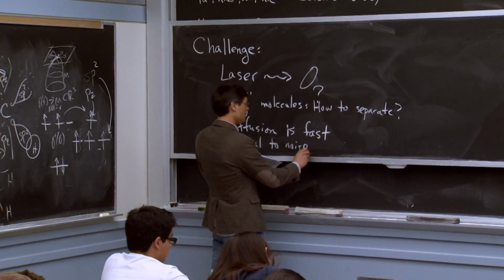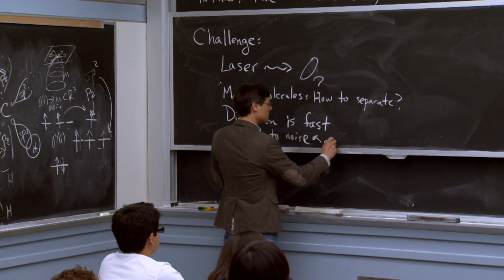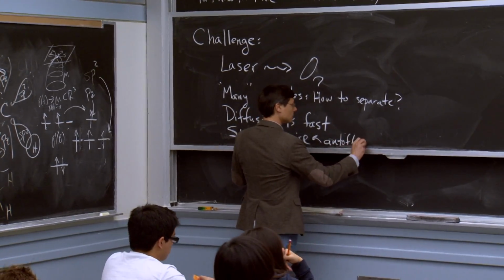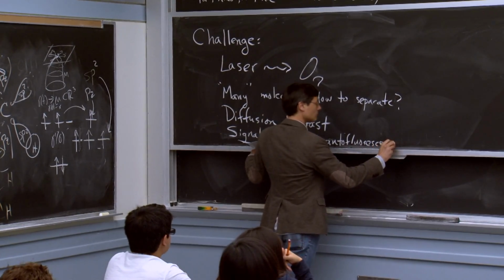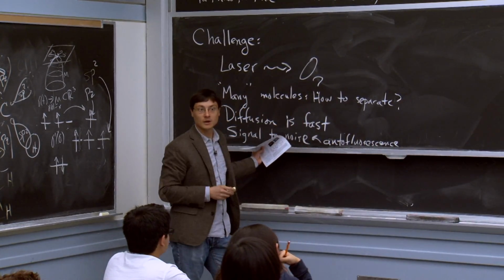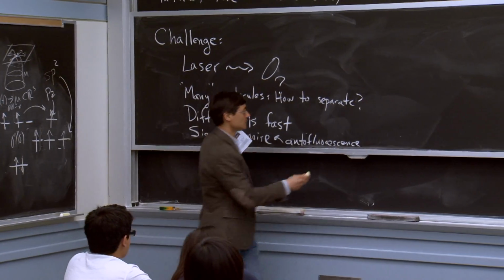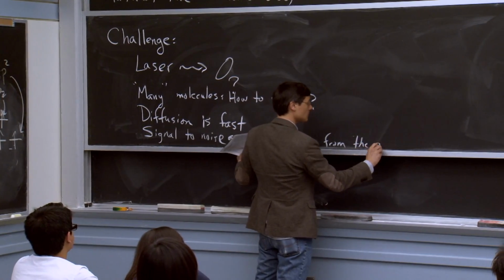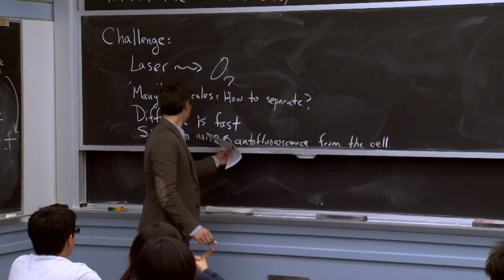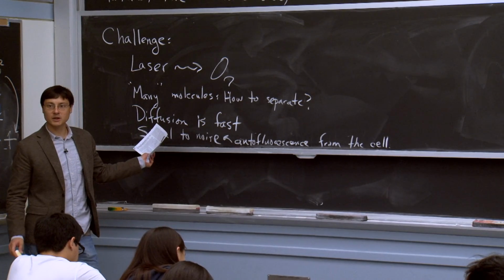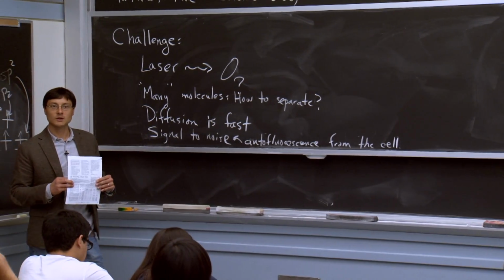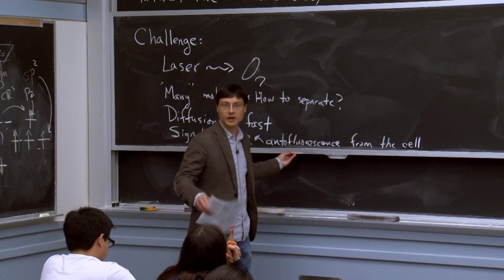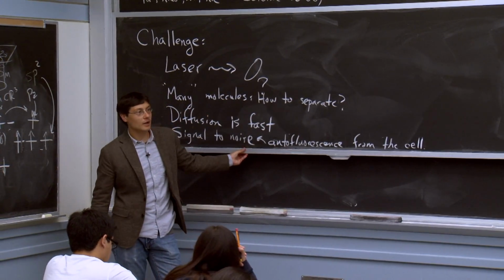In particular, this noise is autofluorescence from the cell. And what's the signal, just to be clear here? Photons from the GFP. So there's photons from, in this case, the GFP-like molecule.